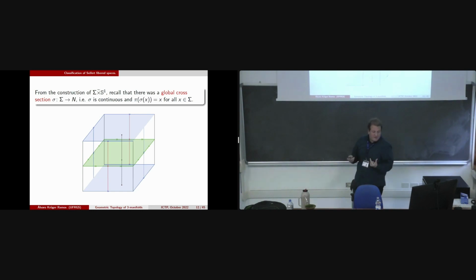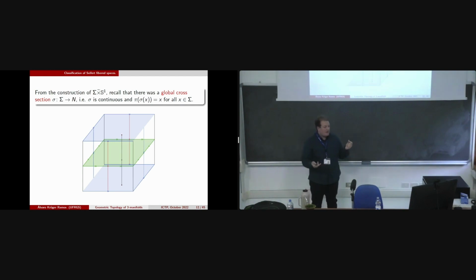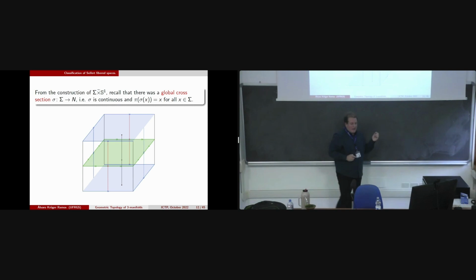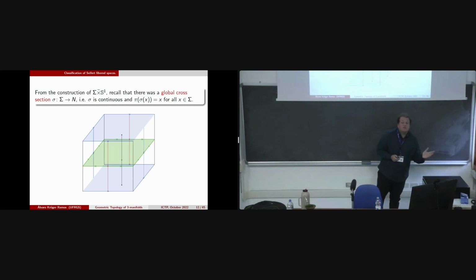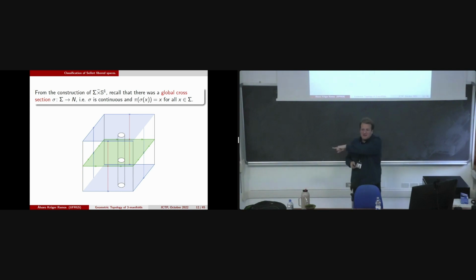So the definition of a cross section is this: sigma is continuous and it's a right inverse for the projection. And we may use this in our construction. So let's now draw a hole, because so far we were forgetting the disks. Now let's add a disk to our construction.